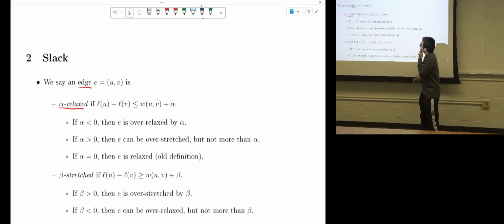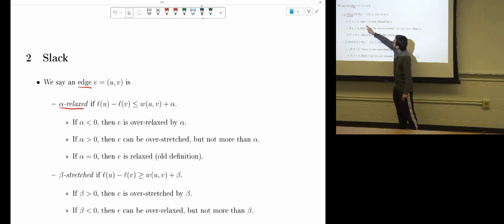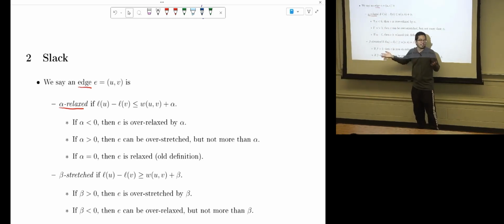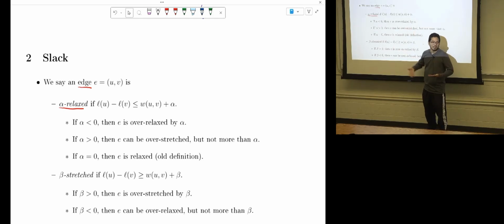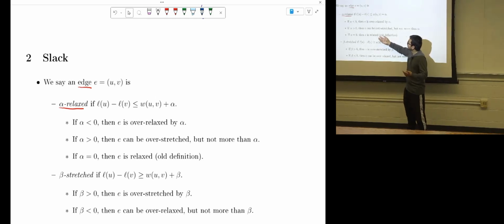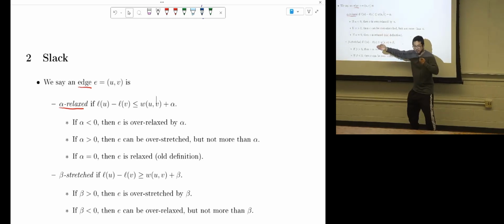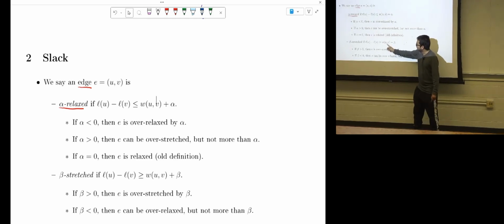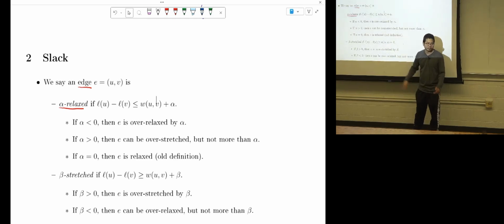Again, for intuition, when alpha is less than 0, say alpha is -1, it means that it's over relaxed by a bit. And if it's more than 0, then this is the case when the edge can be overstretched by a bit, but not by more than alpha. And we can talk about beta stretch. Here, instead of beta times the weight, it's just plus beta.